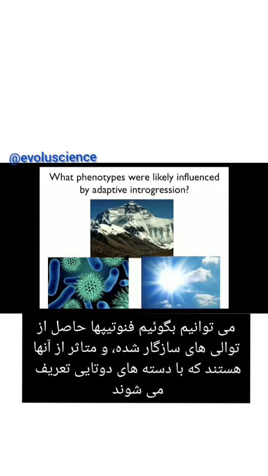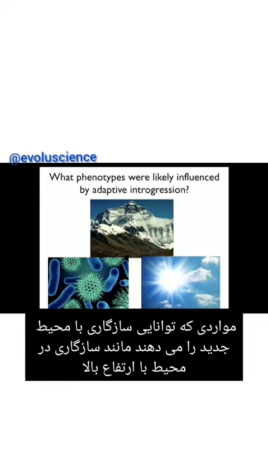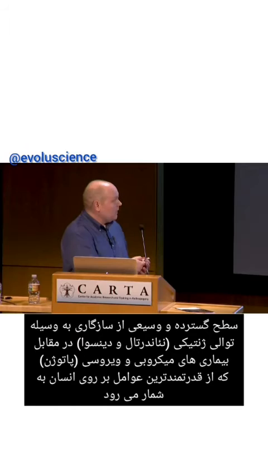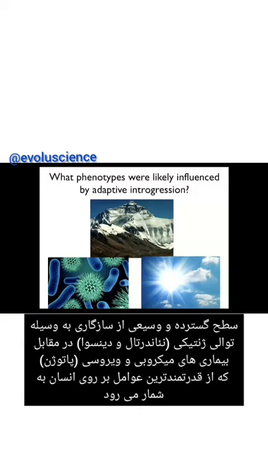And you can sort of generally say that the phenotypes that were likely influenced by adaptive introgression tend to fall into a couple categories. So things that influence our ability to adapt to new environments, like high altitude, for example. The vast majority of adaptive introgression genes are involved in pathogen defense, and we know that pathogens are one of the strongest selective pressures in humans.